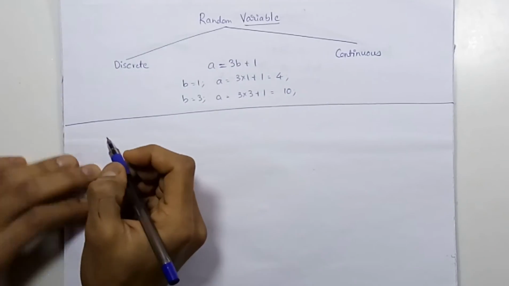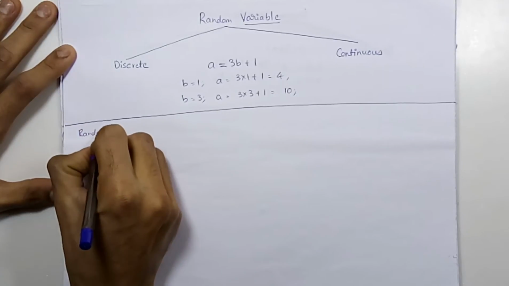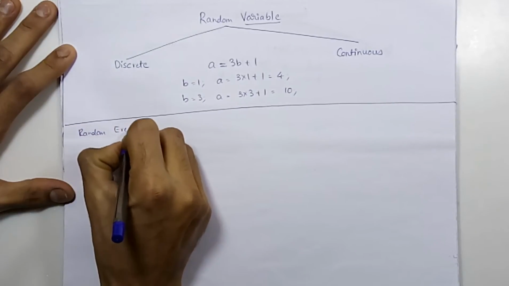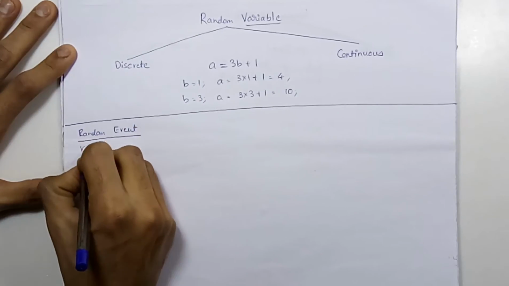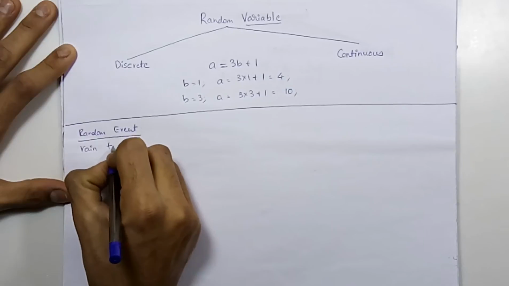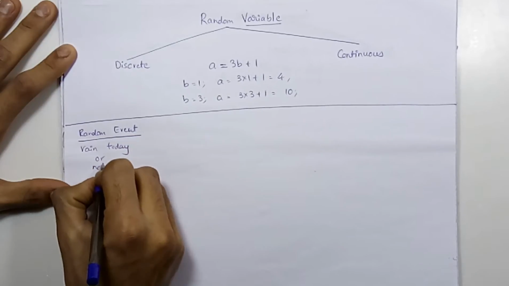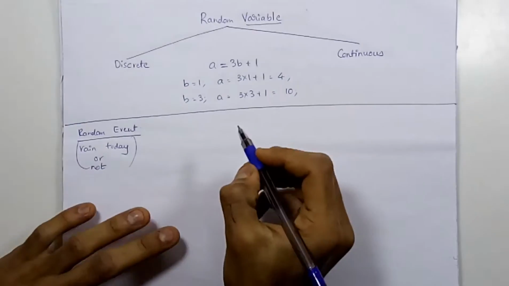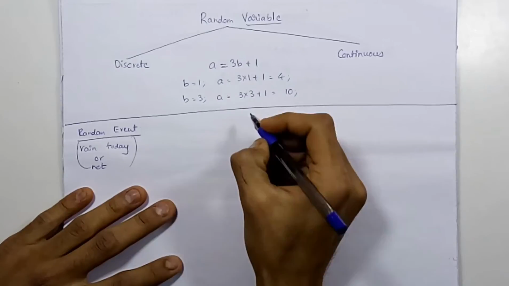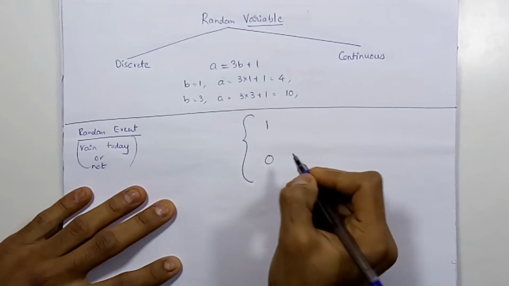Let's say we have a random event, and let's say the random event is whether it's going to rain today or not. This is a simple random event, and let's assign two values, 1 and 0.